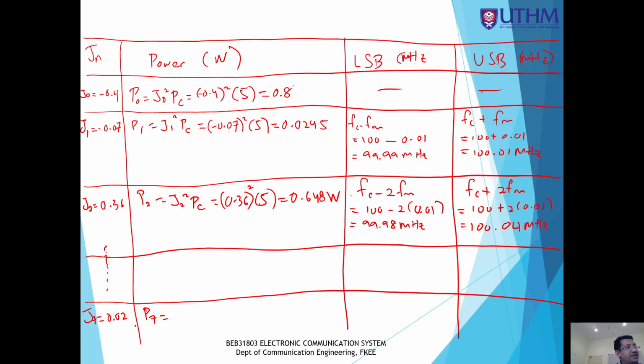So P7 is equal to J7 square times PC, which is equal to 0.002.